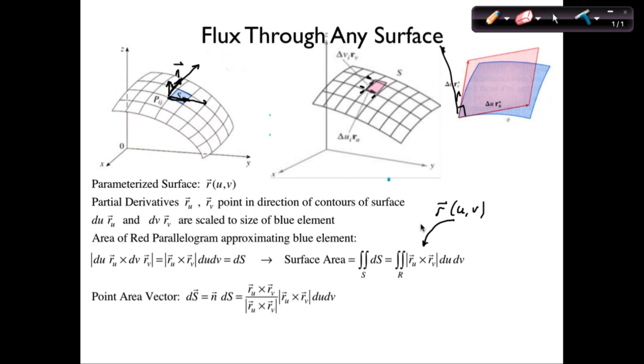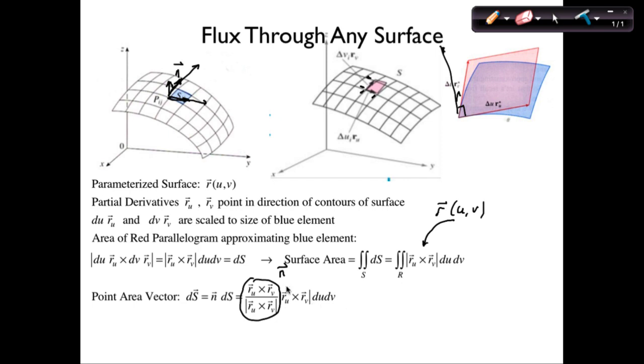So what's n? n is the unitized ru cross rv. That's n right there. Find the cross product and then find the magnitude of it, or divide by the magnitude. That'll be a unit vector orthogonal to the surface, right? That's our n. dS, we just said, was the magnitude of the cross product, du dv.